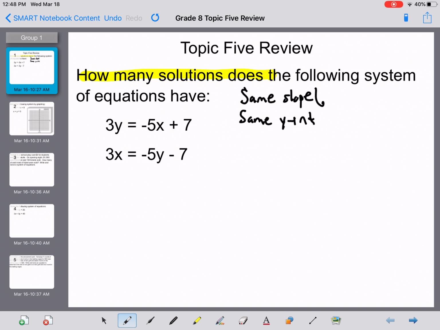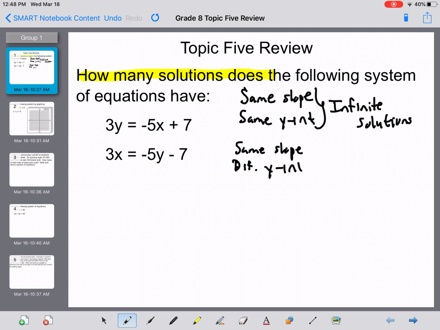If that is the case, there are going to be infinite solutions. If we have the same slope but different y-intercepts, we're going to have no solutions because our lines are parallel.